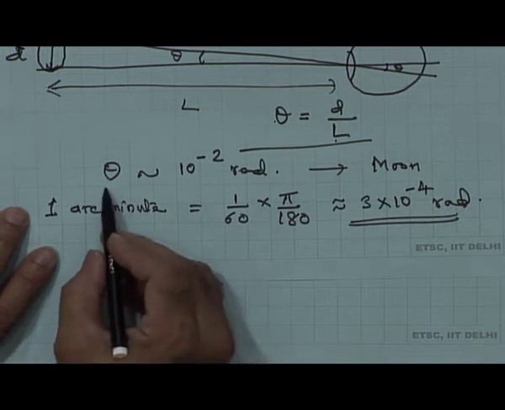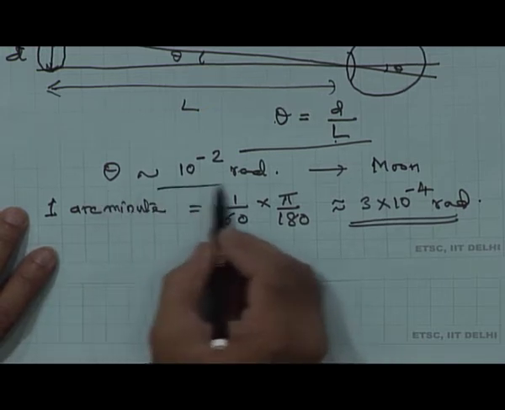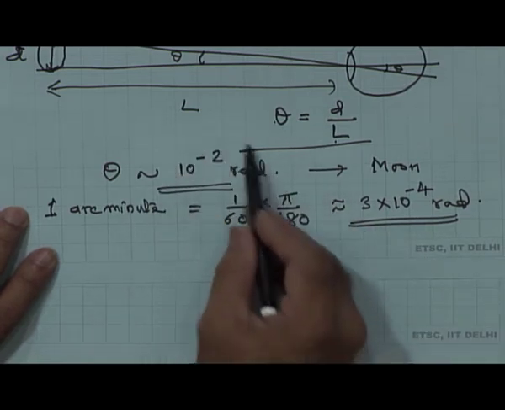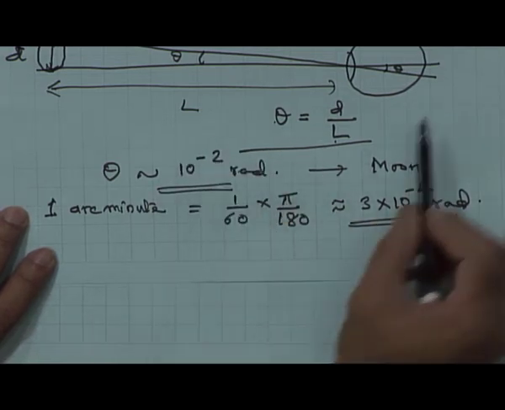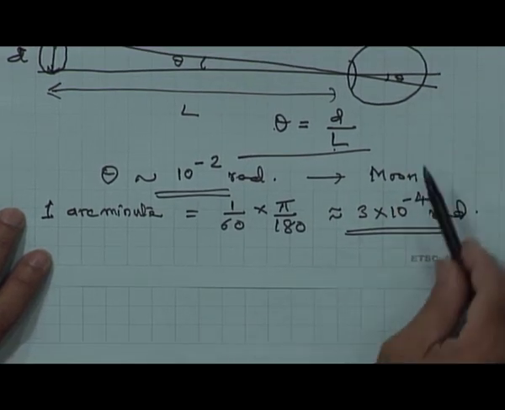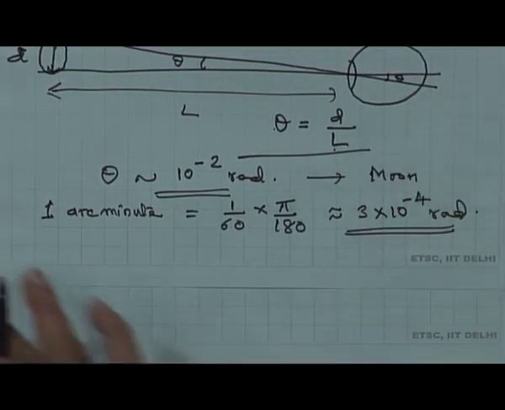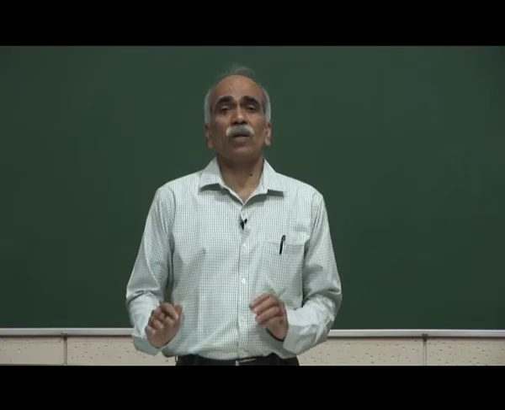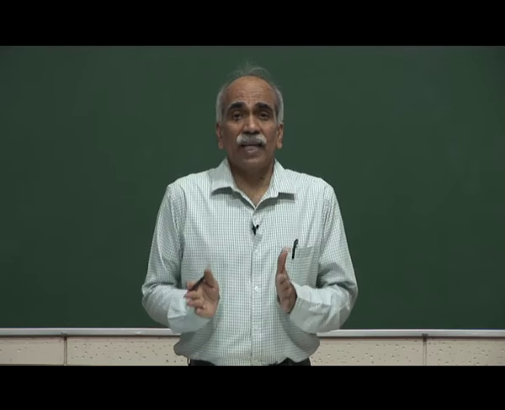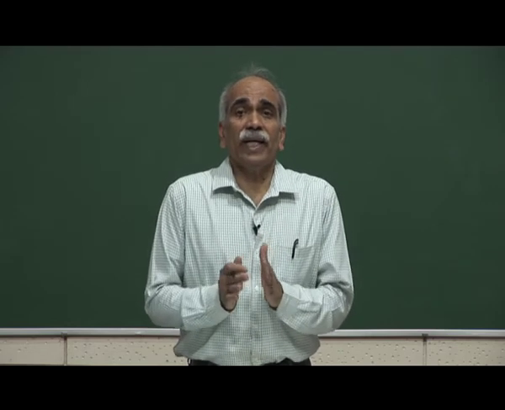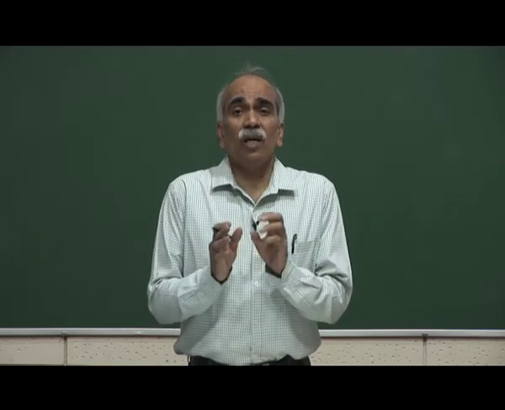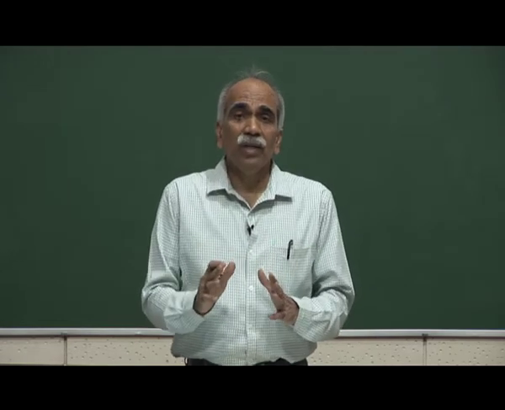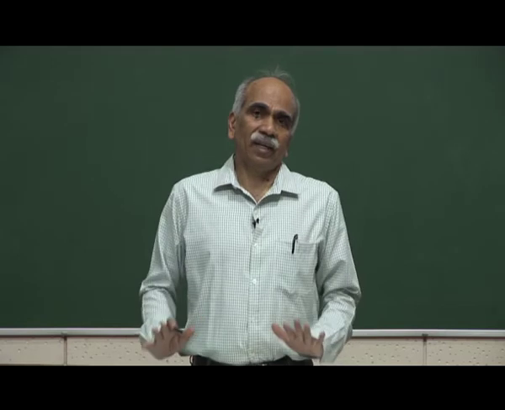And the theta subtended by the moon is 10 to the power of minus 2 radians, and that is why we can see the moon very clearly, because the angular resolution is a more involved topic, but it is sufficient for us to know that so long as the angle subtended by the object at the eye is larger than the minimum which I can resolve, I will be able to see the object clearly.